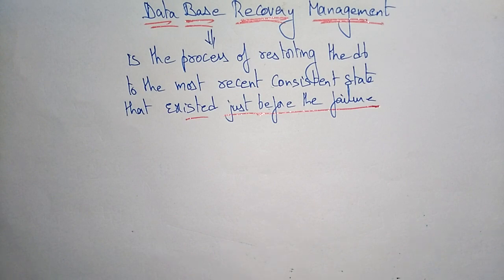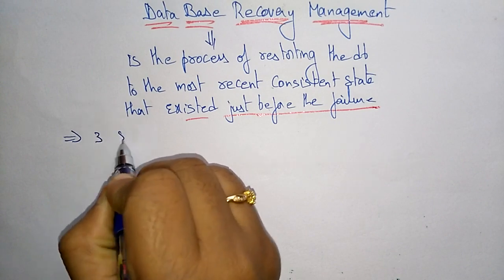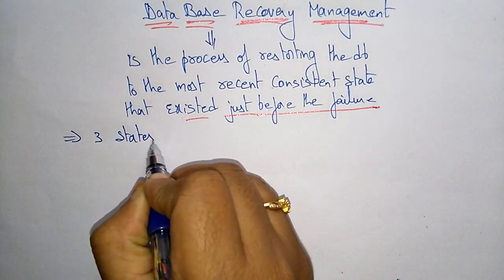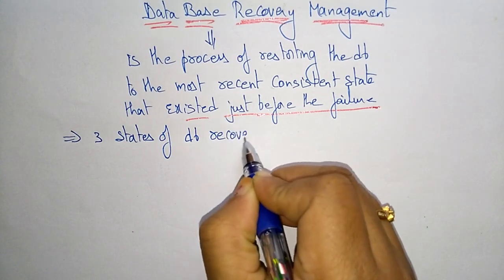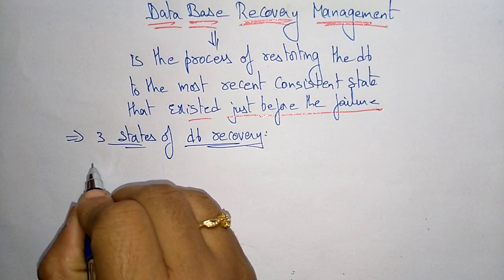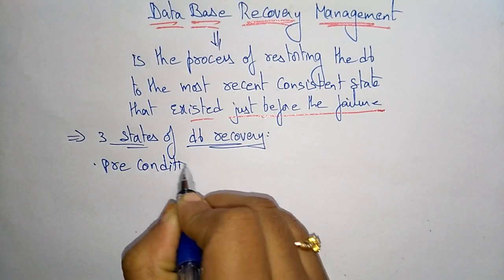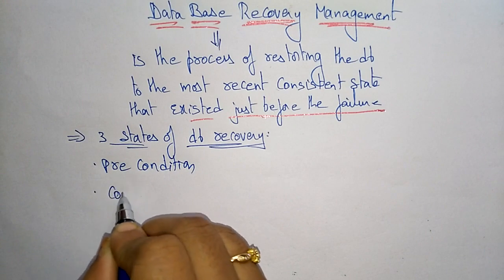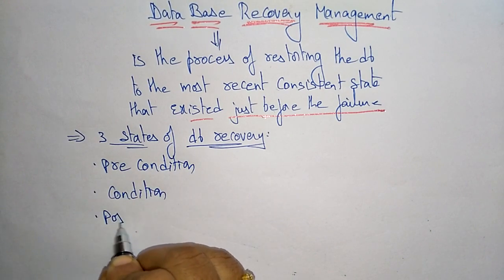So let us see, there are three states of database recovery. Those three states are: first is precondition, condition, and post condition.